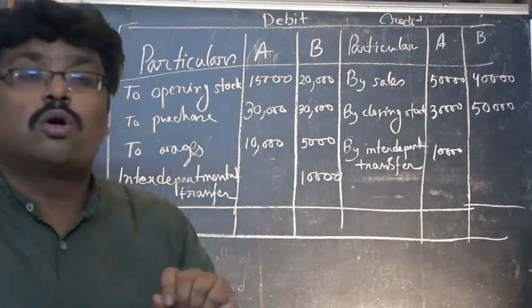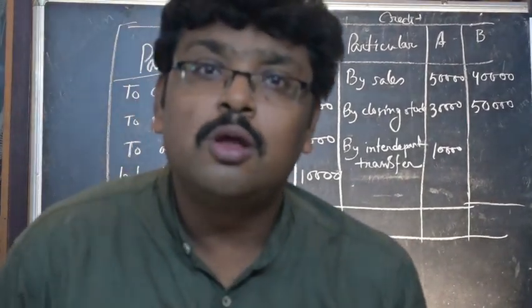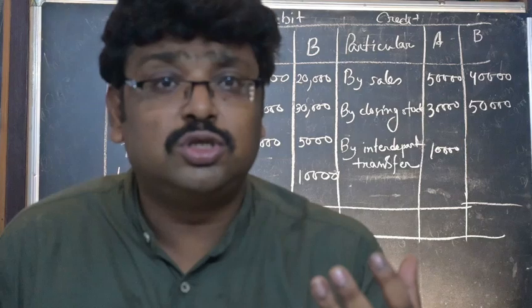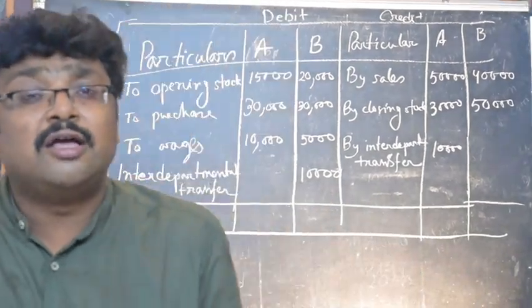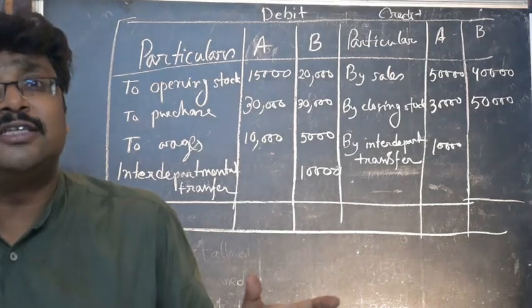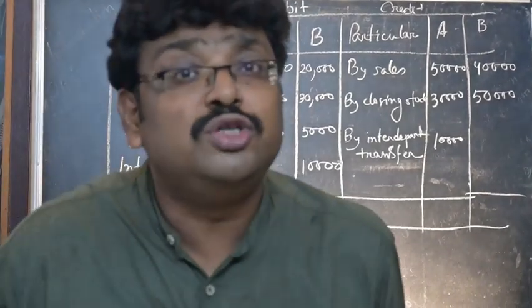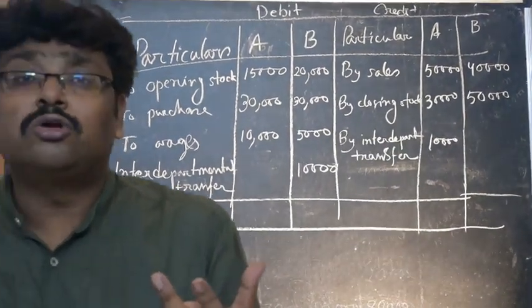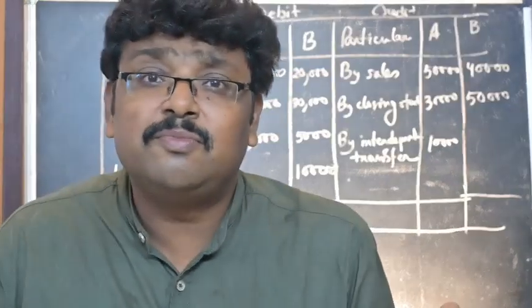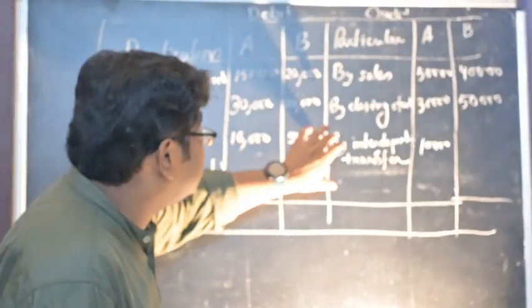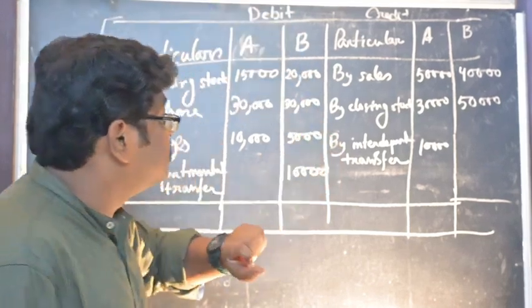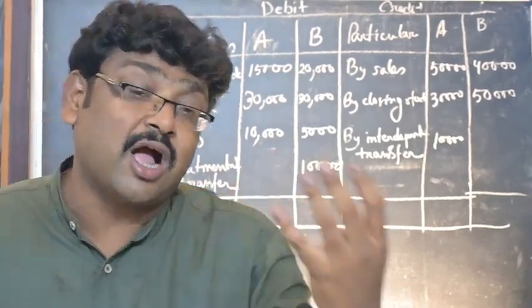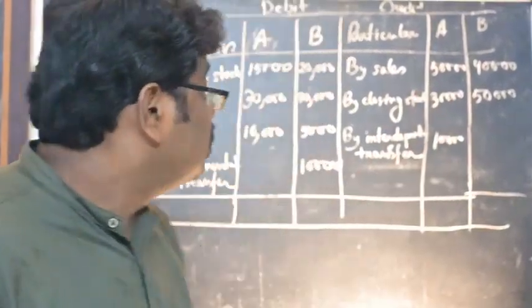Now the closing stock. What is the closing stock? Closing stock is actually not sold in the year that ended on 31st March 2024. So you consider it as an asset, and closing stock should be placed on the credit side.